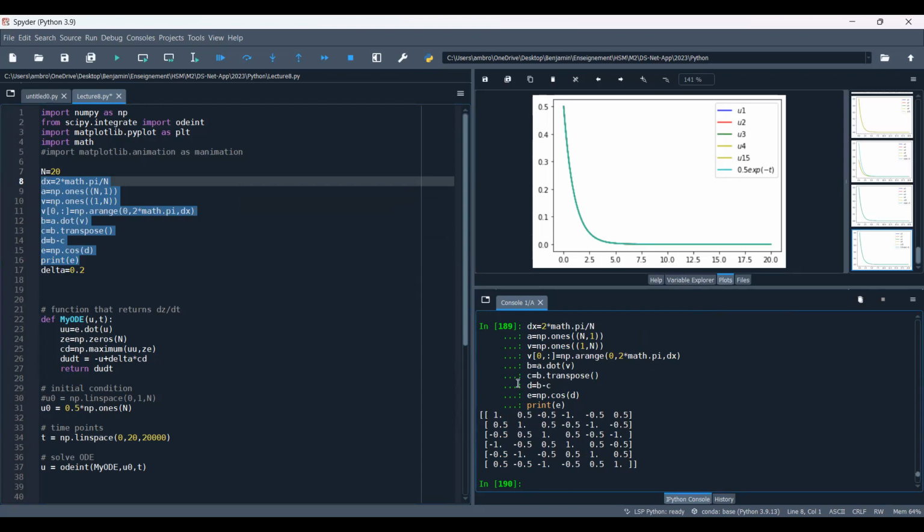And this is made of the cosine of theta i minus theta j. So for example, here I'm at 0, so my theta is 0, and so it's theta 0 minus theta 0, which is 0, and cosine of 0 is 1. Next I do cosine of 0 minus 2 pi divided by 6, which is pi divided by 3.